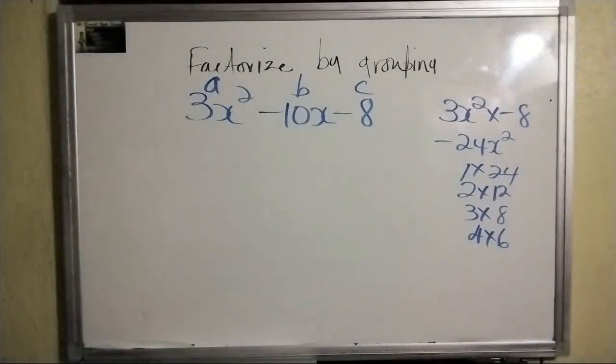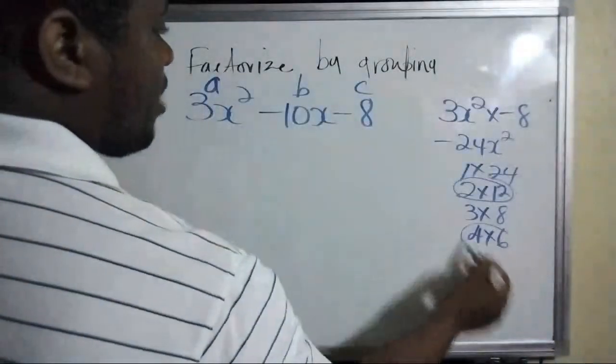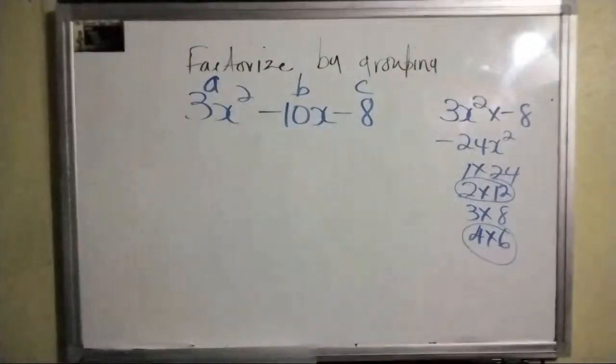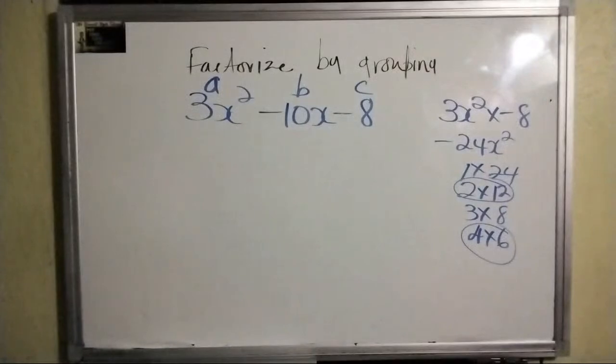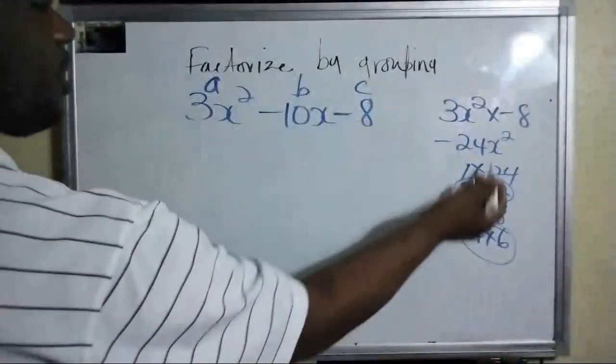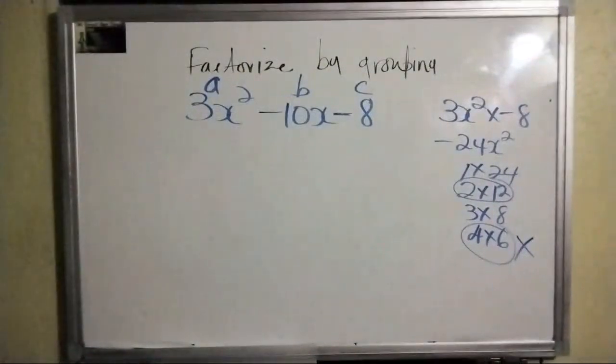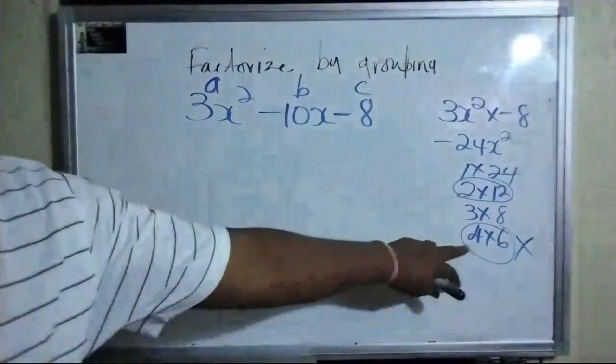Alright, so with 2 here we can get 10, right? We can add 2 negative, but if this is supposed to be negative, we're supposed to get a negative 24, so we can eliminate that. I know students will be tempted to use this because they see the 10.